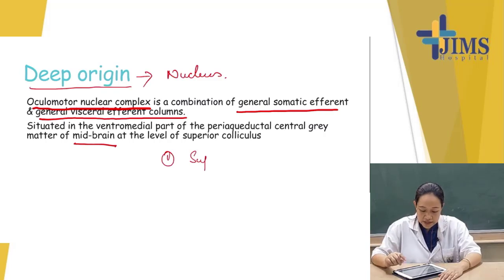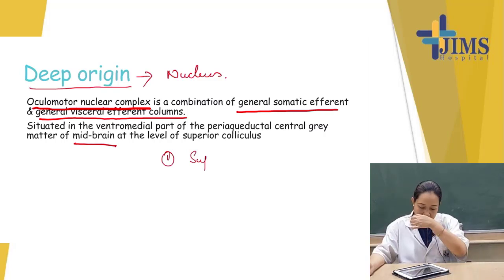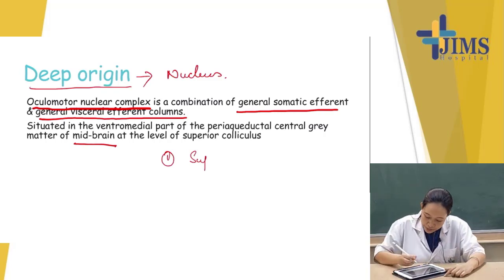So where exactly is this nucleus located? If we see this picture, this is the cross section of the midbrain at the level of superior colliculus.